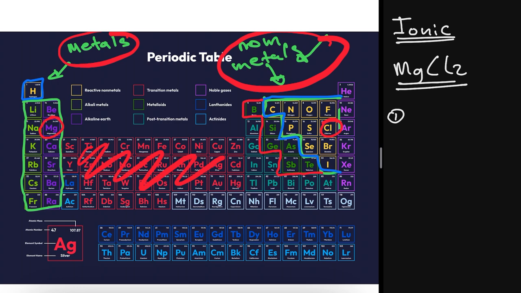Remember, the metal is the one that always starts the formula, and it is also on the left of the periodic table. So we start first by labeling the metal. You write the full name of the metal. The metal that we have is magnesium. So we just write magnesium.